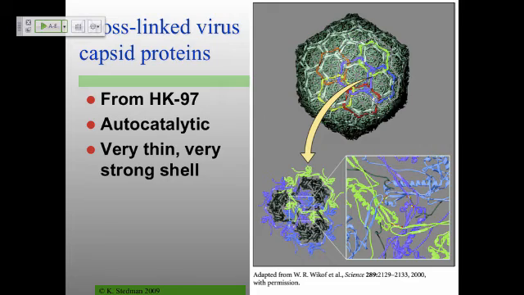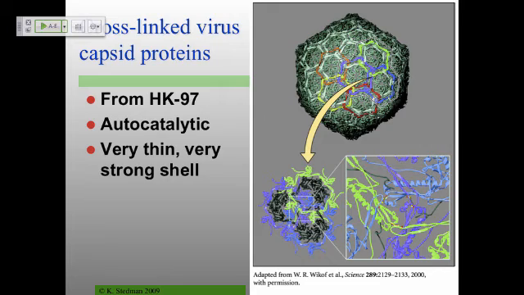And this is great because it gives you an incredibly stable structure, because that's not coming apart. Peptide bonds are really strong covalent bonds, really strong interactions. And so what this allows is for this bacteriophage, and it turns out a number of other bacteriophages as well, to have these very thin and very strong shell structures.